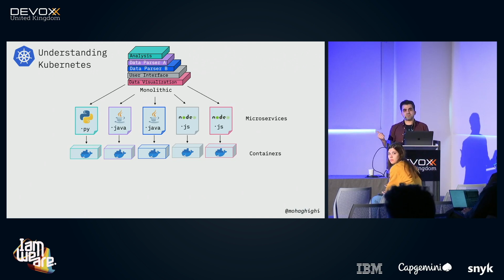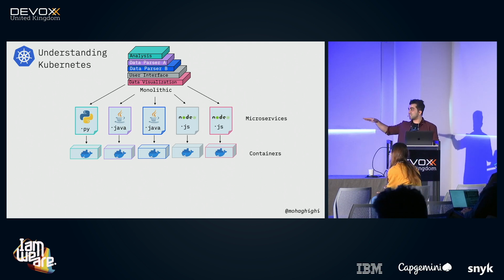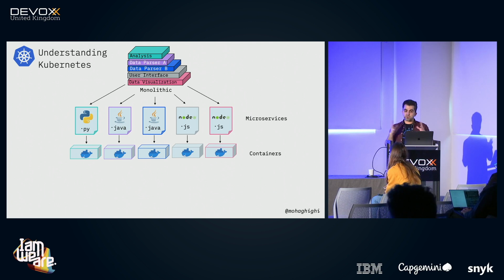So let's go back to our previous diagram. Let's take a look at the deployment scenario on a high level. How are we going to deploy our applications onto Kubernetes? In the last stage, I showed you that we containerize our microservices. So we broke down our applications into microservices and containerized them with Docker. Let's say we are using Docker in this case.